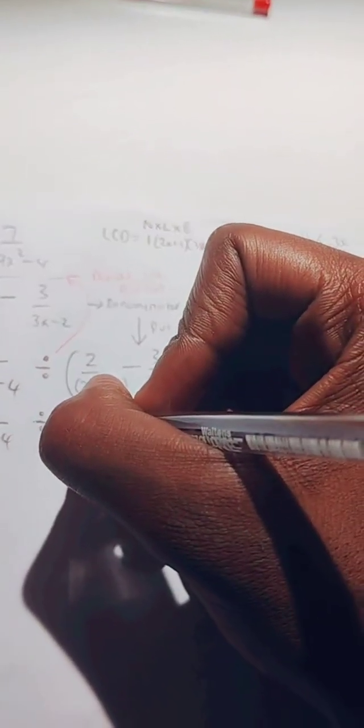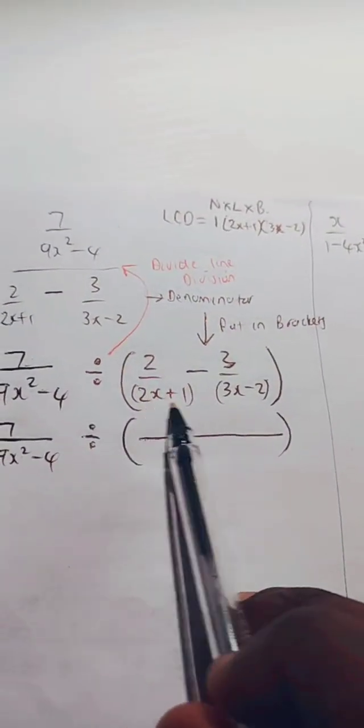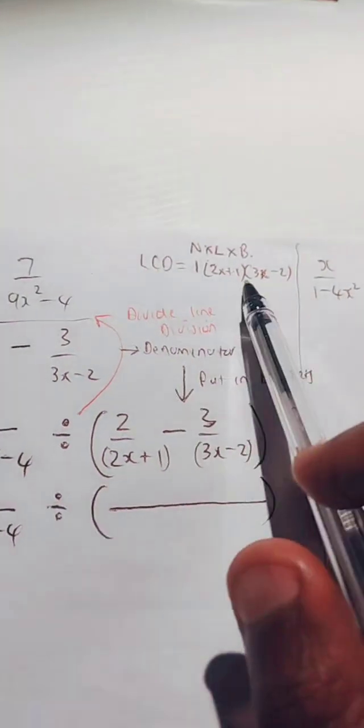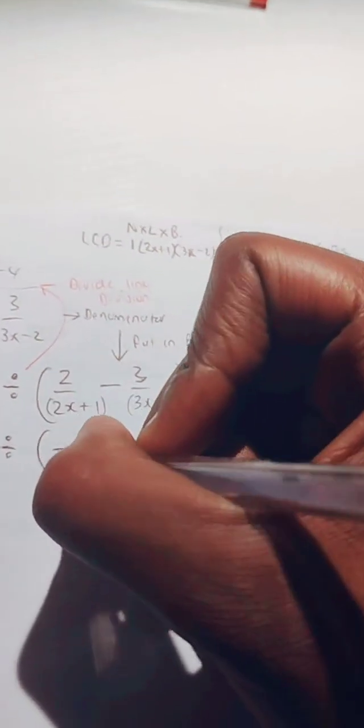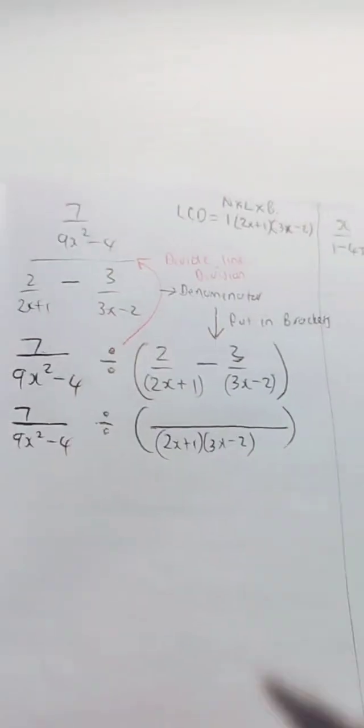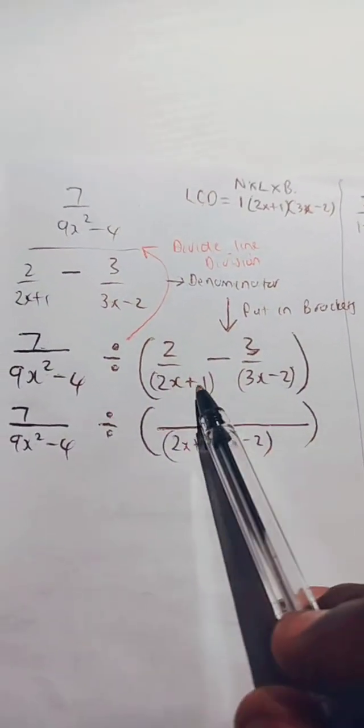So what are we going to do now? We are going to say, in order for this 2x plus 1 to be like the denominator, what is it missing? A multiplication of 2x plus 1 with 3x minus 2. Isn't that the case on this side?